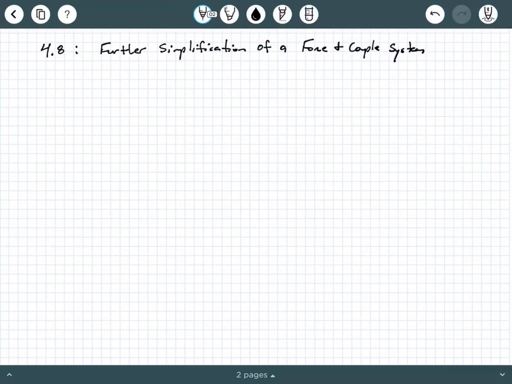In this video, we're getting into the next section, section 4.8, which pretty much goes hand in hand with section 4.7, and it's on further simplification of a force and couple system.